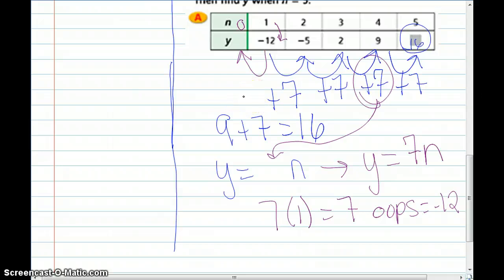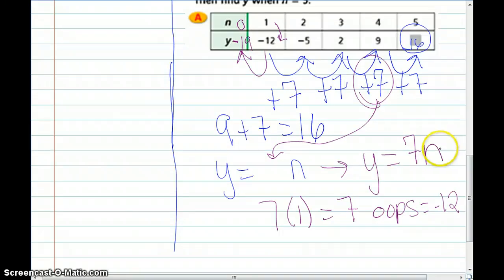Or what number plus 7 equals negative 12? Since they're both negative, I actually add my numbers, 12 and 7, I get 19, and I keep my sign, so I get negative 19. Or you could have just counted backwards, 12, 13, 14, 15, 16, 17, 18, 19. So I find it's minus 19.